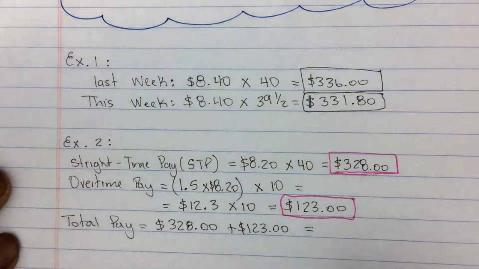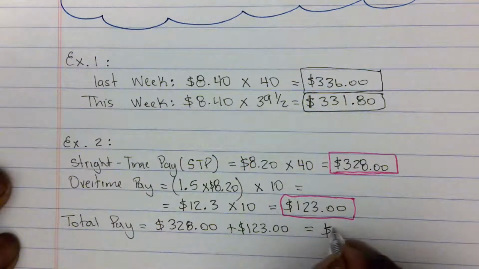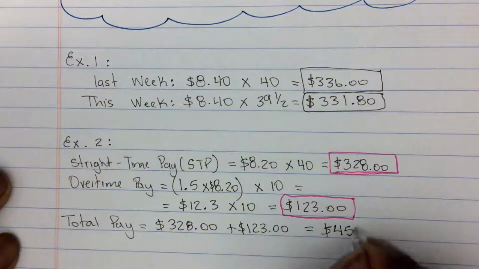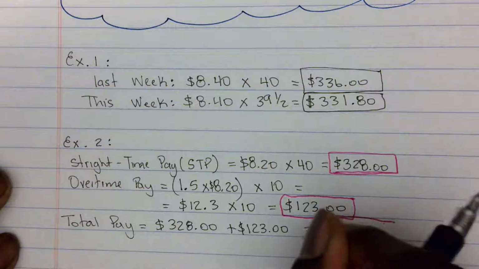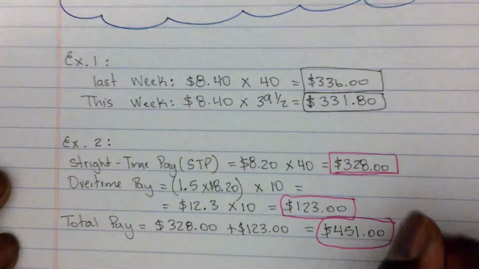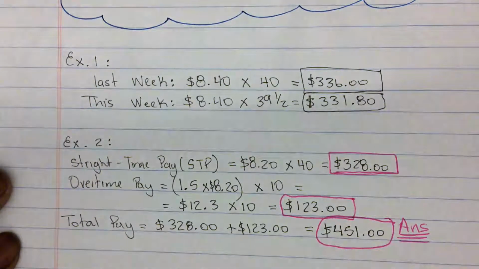What does this give me? Go to your calculator. Yes, Kayla, what do we get? $451. So the total pay for that week is $451, and that's your answer. Great job, everybody.